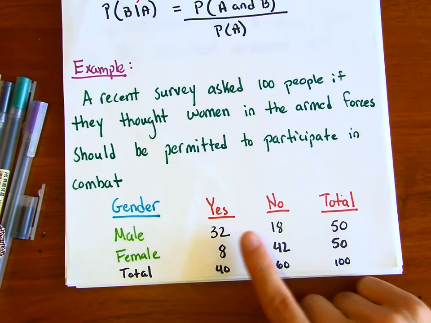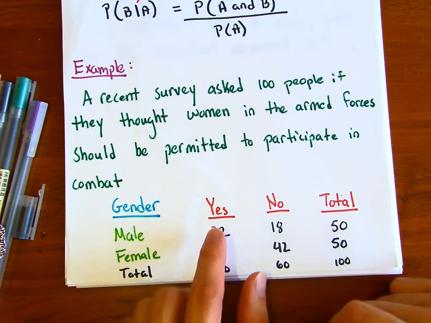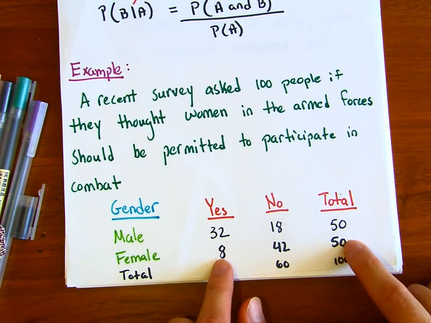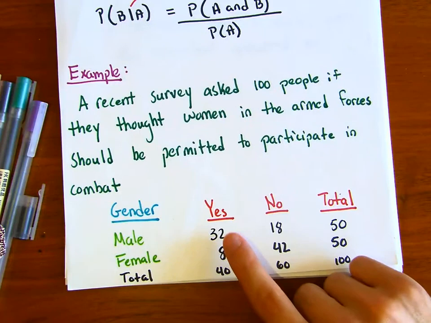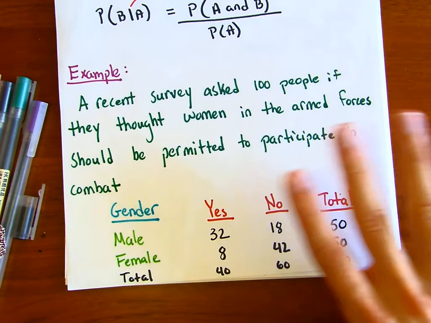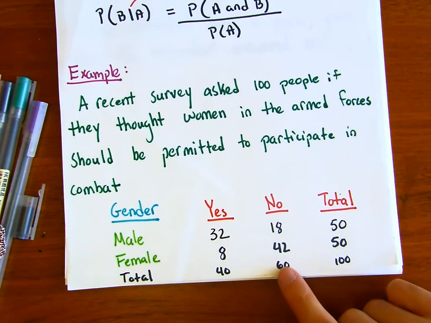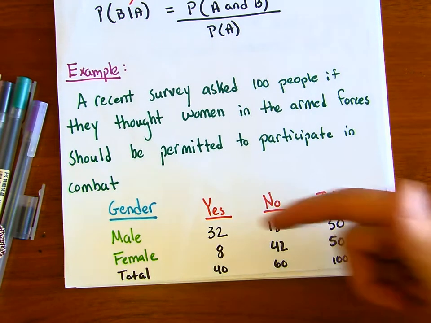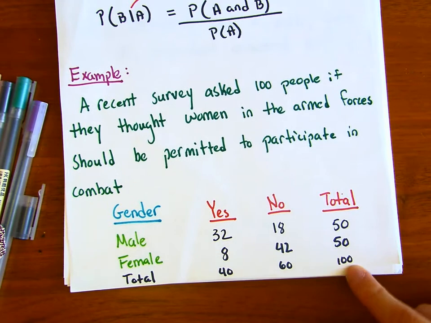How many males were there? 32 plus 18, so there were 50 males. There were 50 females. 40 out of the whole total said yes, and 60 said no. When you added 40 plus 60, you got 100. And when you added all the males and females, you also got 100.